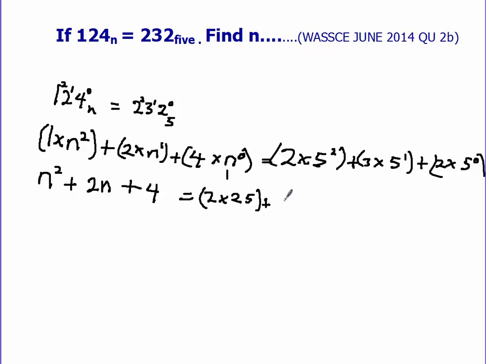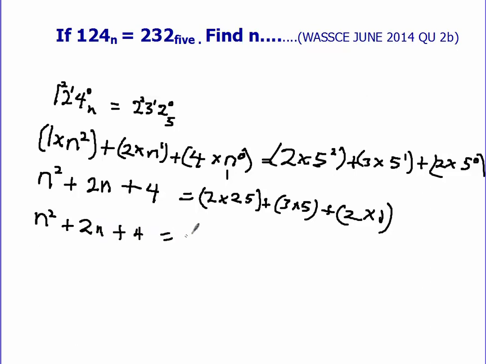Plus 3 times 5 to the power 1, plus 2 times 5 to the power 0. Remember I said any value to the exponent 0 is 1. So in short, I'm going to have n to the power 2 plus 2n plus 4 equal to 50 plus 15 plus 2.